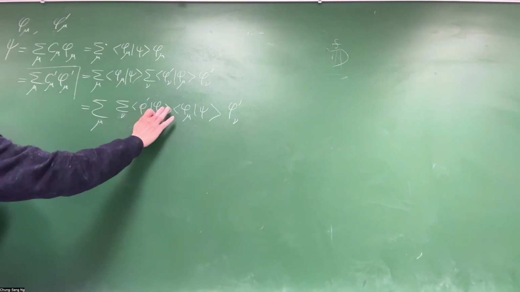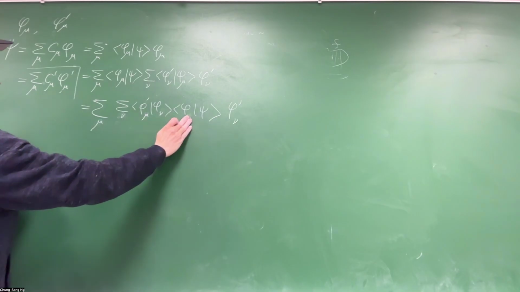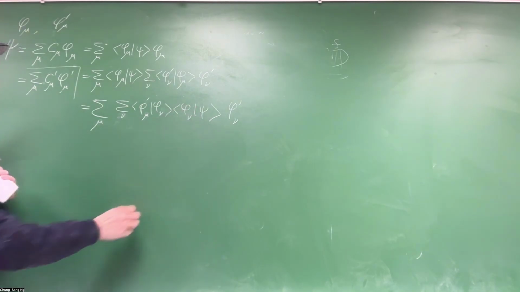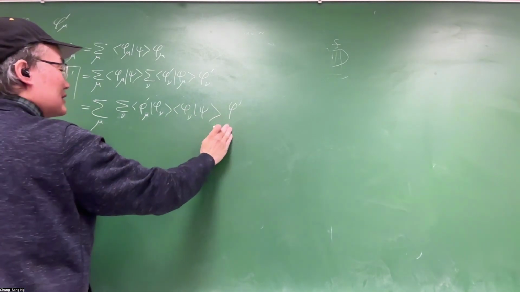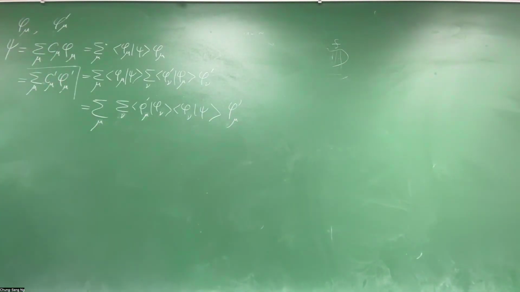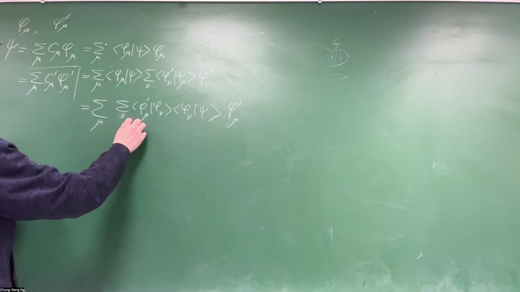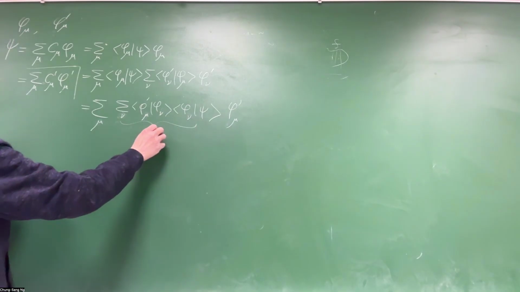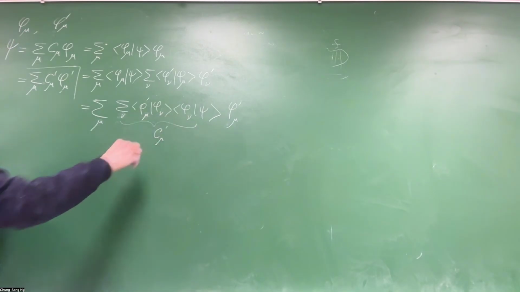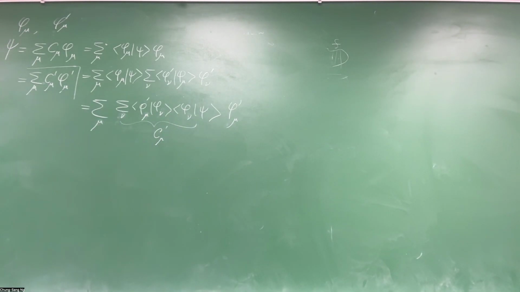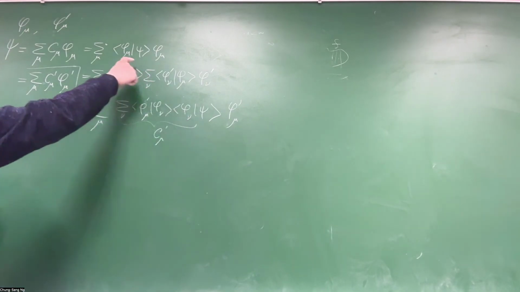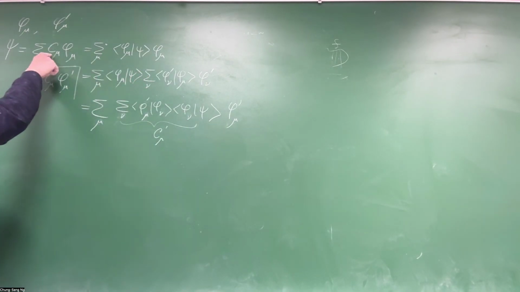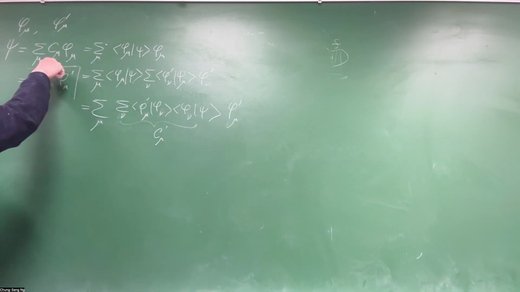This is mu, this is mu, this is mu, right? And this is mu, right? And so this becomes our C sub mu pi, right? And this is originally this one, so this is just this one.